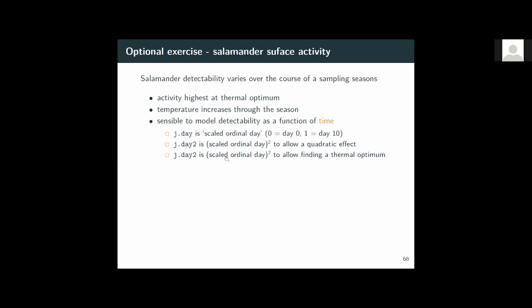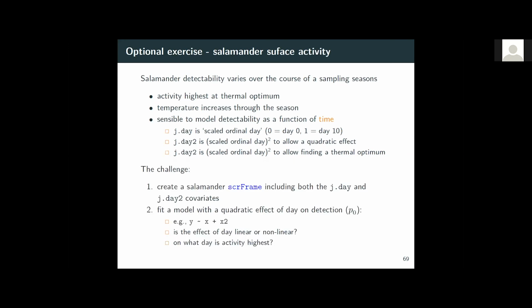I can provide more information about what quadratic effects are if you need that. But the ability to estimate these nonlinearities means that we could potentially use this as a model for finding a thermal optimum. On what day do we have maximum surface activity? And that might be reflective of this thermal optimum.